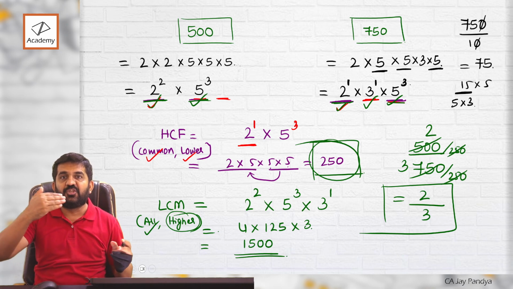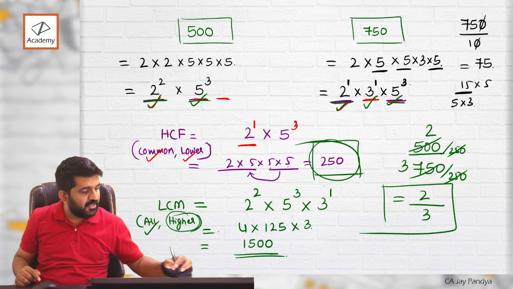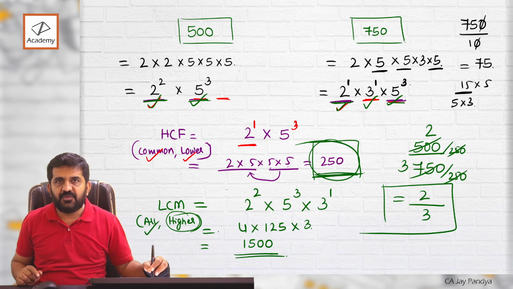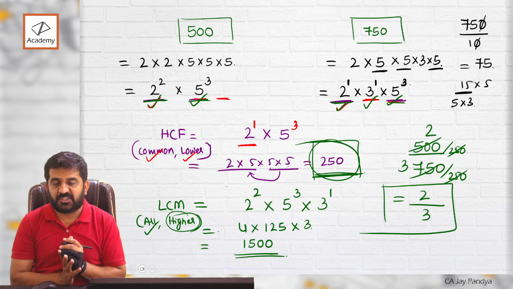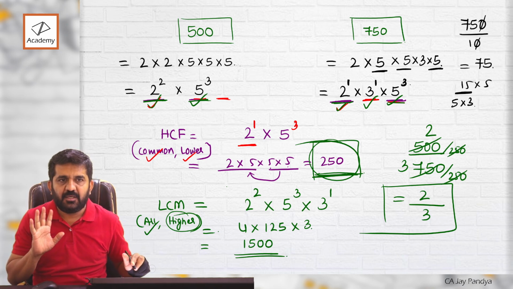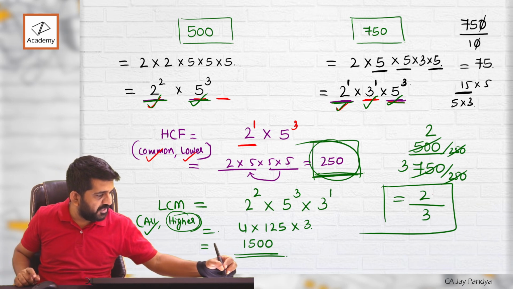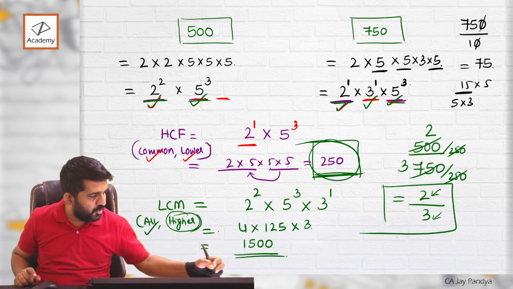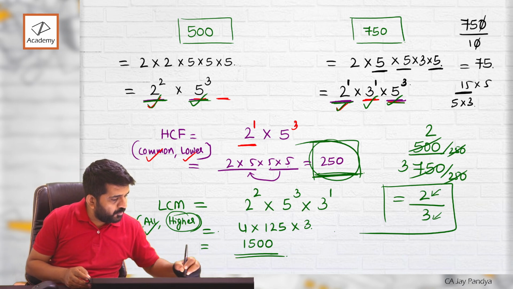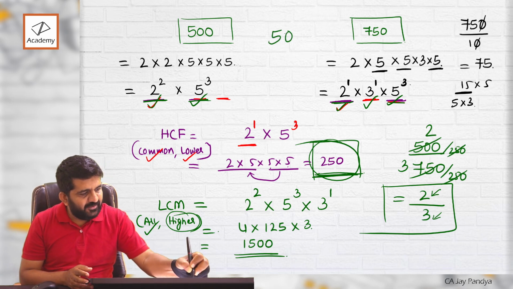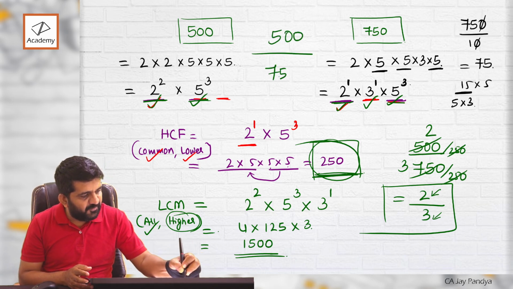If I divide the numerator as well as the denominator by the HCF, both the figures will be the lowest integers possible. Without points, which is the lowest integer possible in the numerator? 2. The lowest integer possible in the denominator is 3. But how did we come to know? 500 divided by 750.